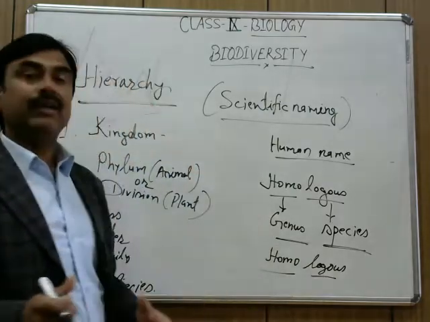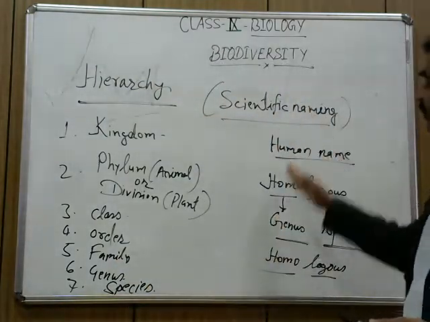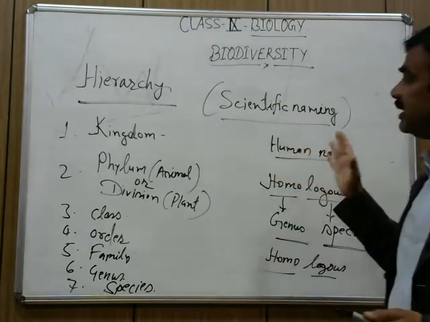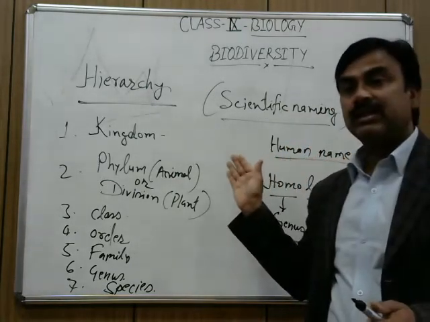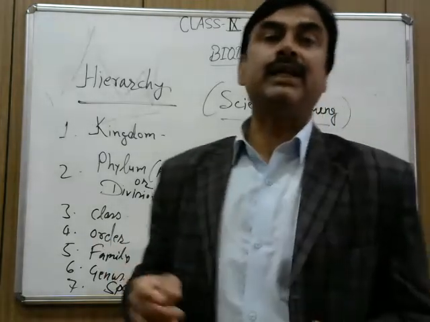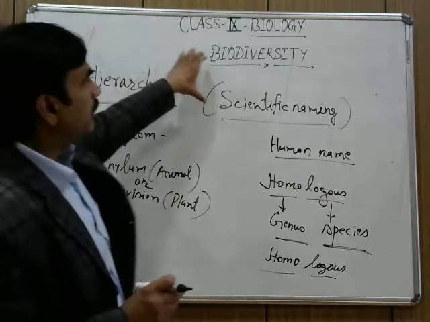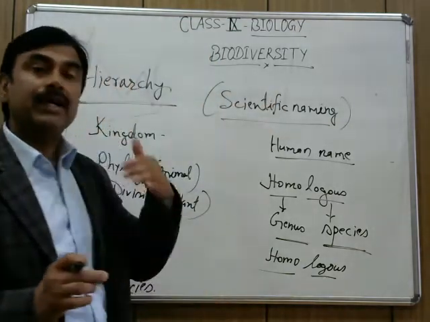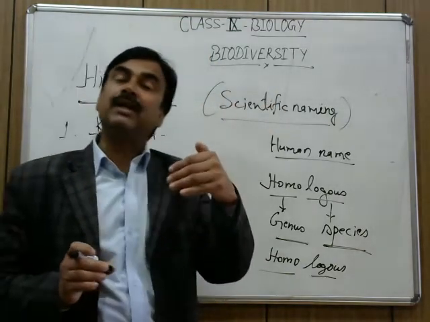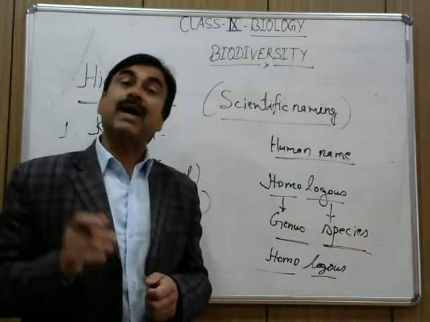In this way, you can easily understand that the scientific name is an international naming system. Like in chemistry, you know IUPAC, in biology you will be knowing binomial nomenclature.